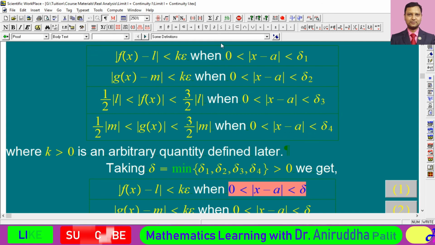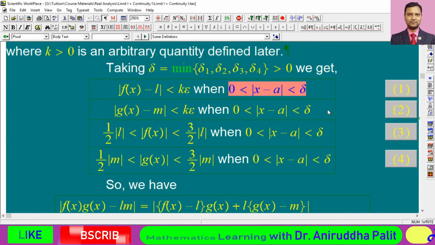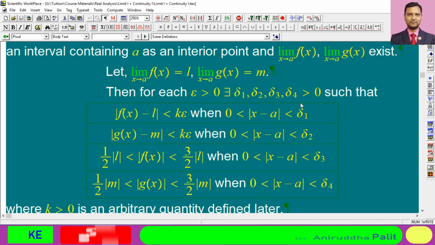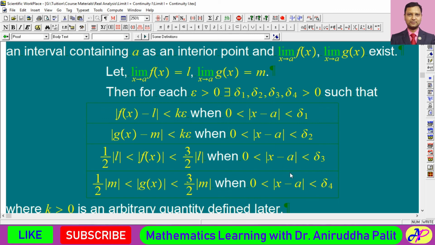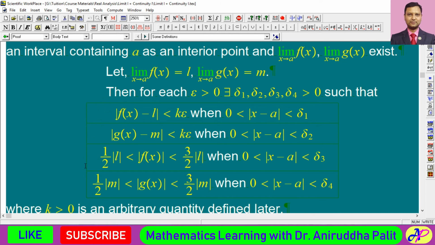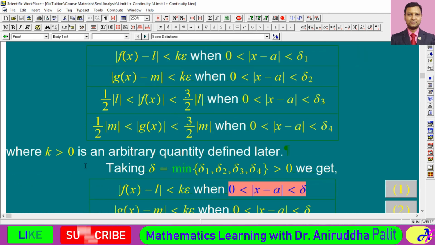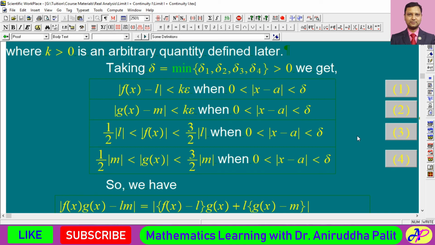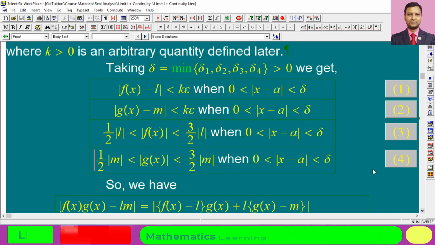And therefore these inequalities on the right hand side must all be true, and because they are true, the inequalities on the left hand side are also true when x lies within the smaller delta neighborhood of the point x is equal to a. Therefore all these four inequalities are true. We mark them as equation number 1, 2, 3 and 4 respectively.